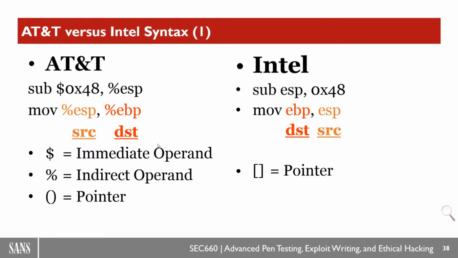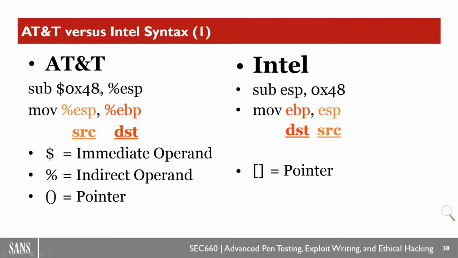The main difference between the two is that the source and destination operands, if there are two operands, are reversed or switched. In AT&T, on the left, you would read this instruction as subtract immediate operand. AT&T uses $ and % signs to indicate an immediate operand, like a literal operand, or an indirect operand in a register. So we're saying subtract this from that operand.